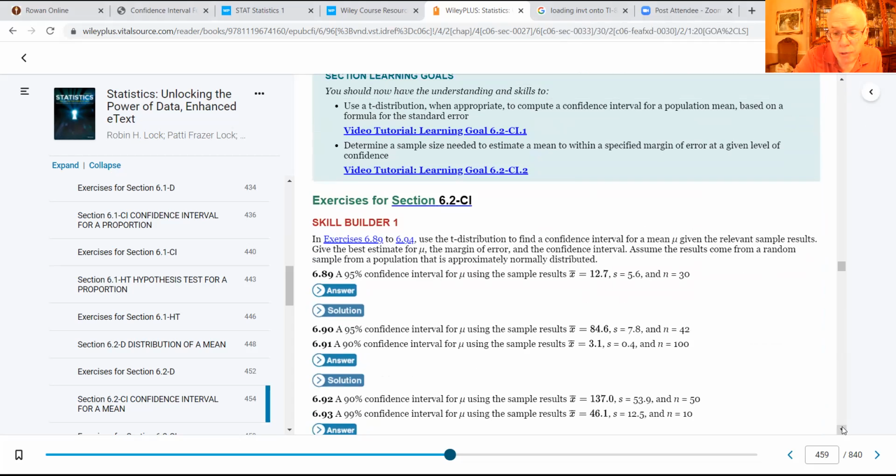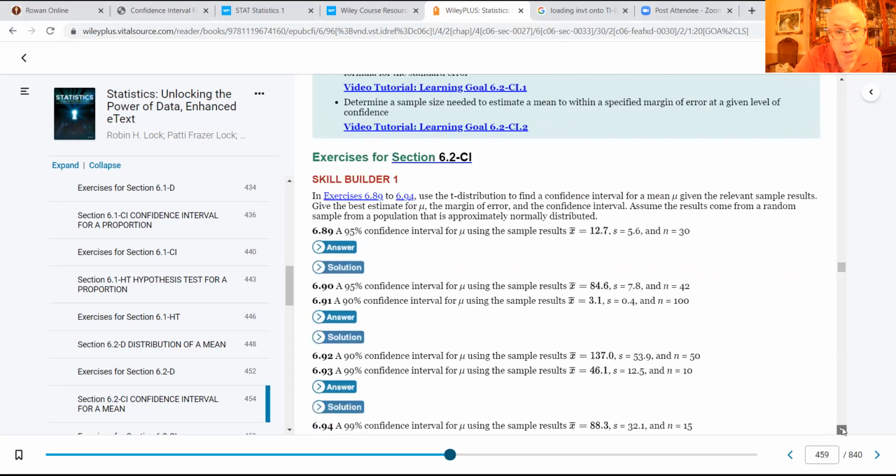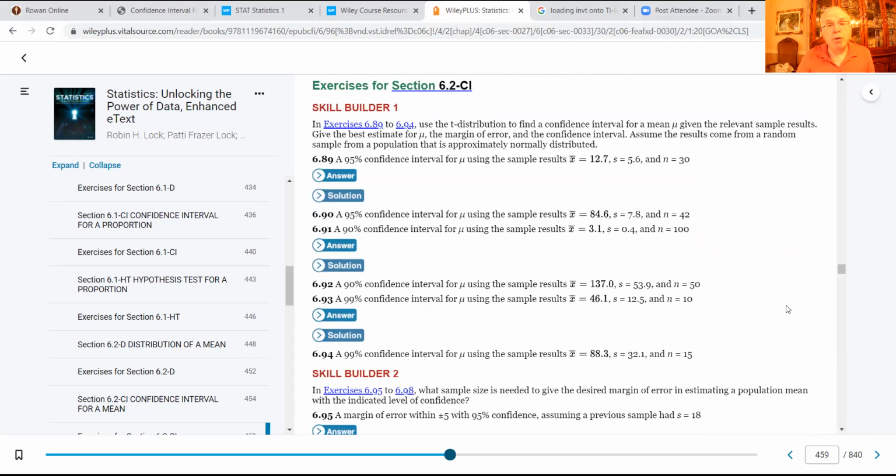And notice here, we're being asked to use the t-distribution to find a confidence interval for a population mean mu. It says, given the sample results, find, what are we being asked to find? We're being asked to find the confidence interval. So let's actually do 6.89.